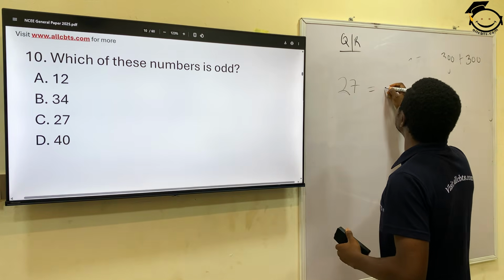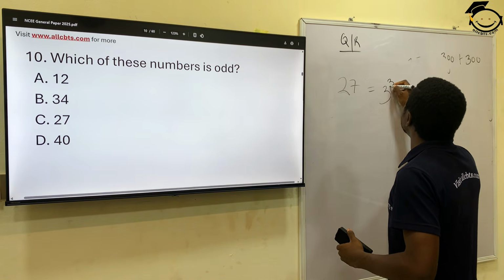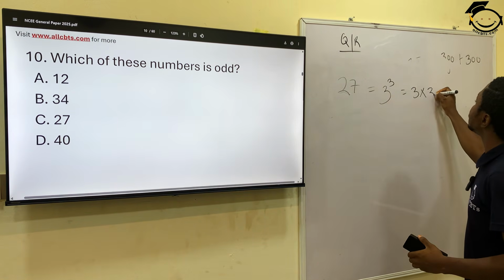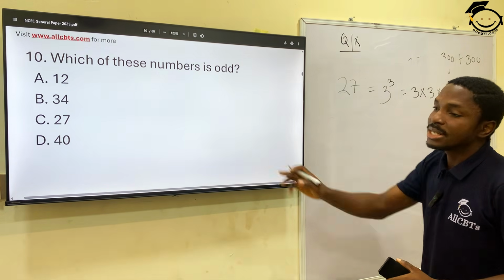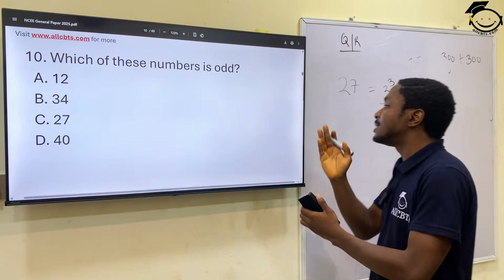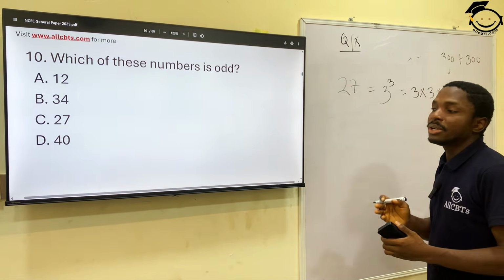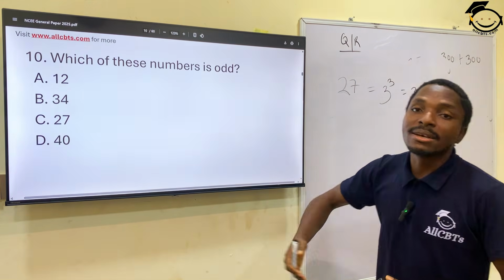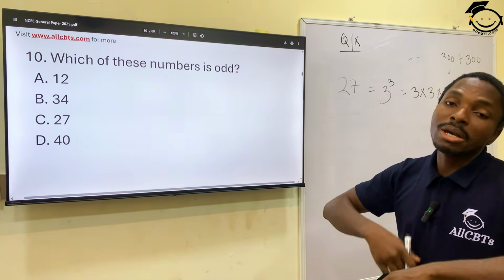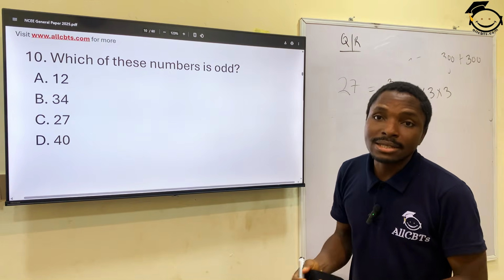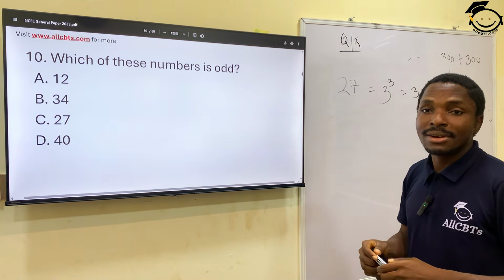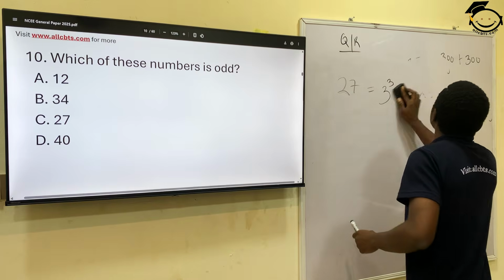So 27 is simply 3 raised to the power 3, which is 3 times 3 times 3. It is only 27 that you can get as a cube number, one number multiplying itself three times. The other ones, you can multiply different kinds of numbers to get their answer, right? Good. Okay, moving on.